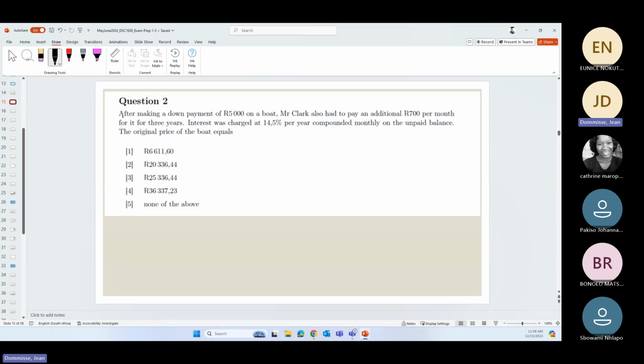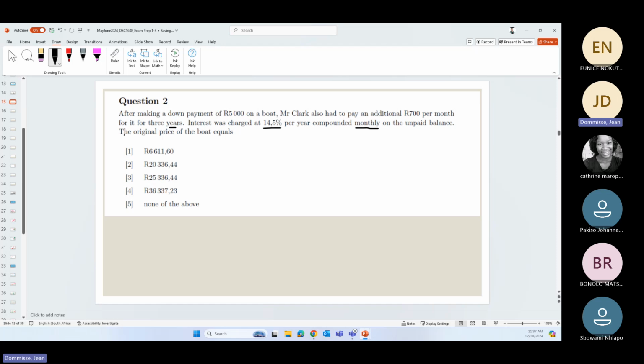After making a down payment of 5,000 on a boat, Mr. Clark also had to pay an additional 5,000 per month for 3 years. Interest was charged at 14.5% per year, compounded monthly on the unpaid balance.